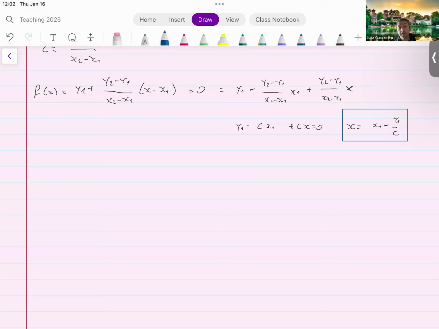We started. I assumed we started from a bracketed interval, meaning that we had an x1 and x2 that bracket the root. Now we find a new point. This is going to be x3.